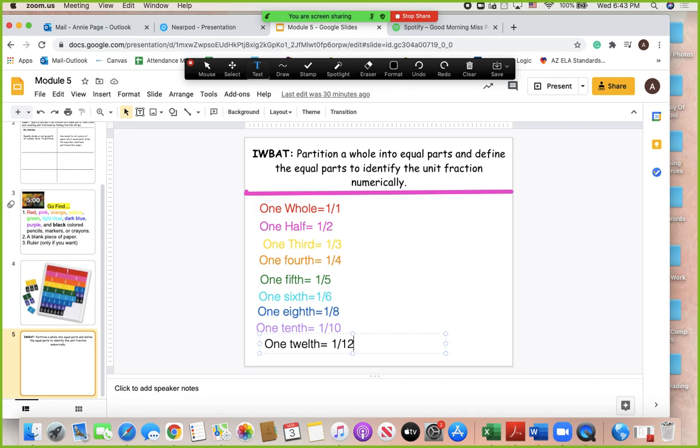Go ahead and get that written down. Make sure you have it and it's color coordinated. Whoopsie. Twelfth.